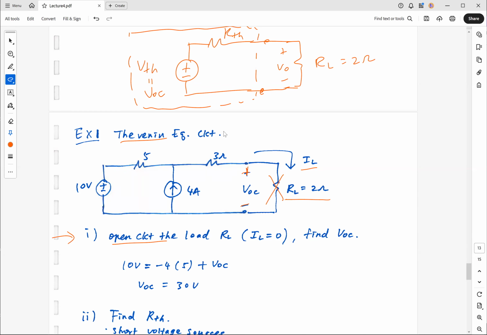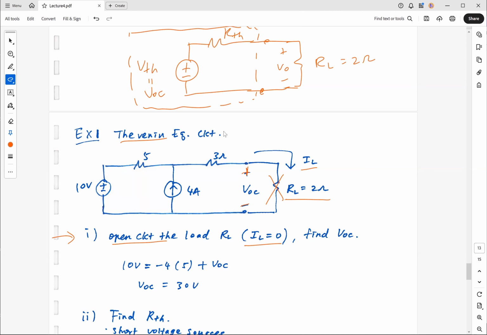Infinitely large resistance, which is like an open circuit. If I have an open circuit here, then there is no current flowing through that open, and as a result, IL is equal to 0. Current cannot go through an open circuit, so IL is equal to 0.